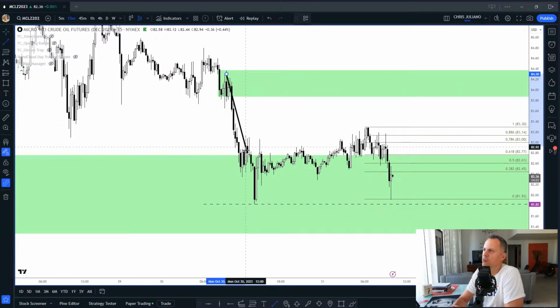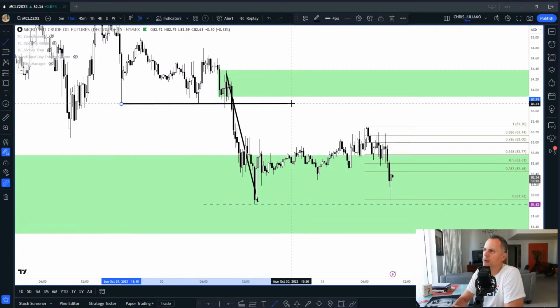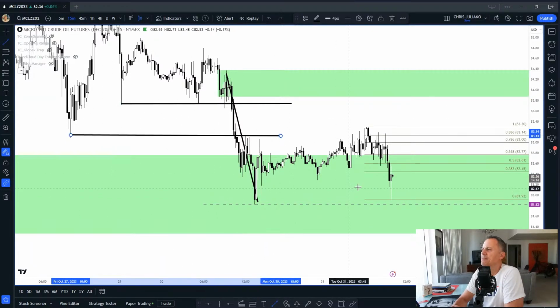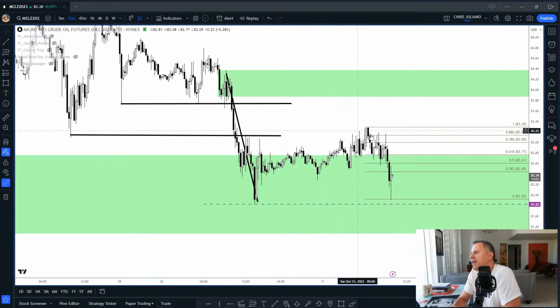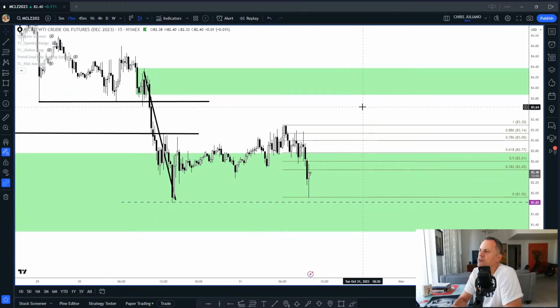It broke here, it broke here, and then sort of found resistance at that breakout level, made a nice move down. But I don't see a formation here that broke through this major piece of structure. It's a little too wishy-washy.